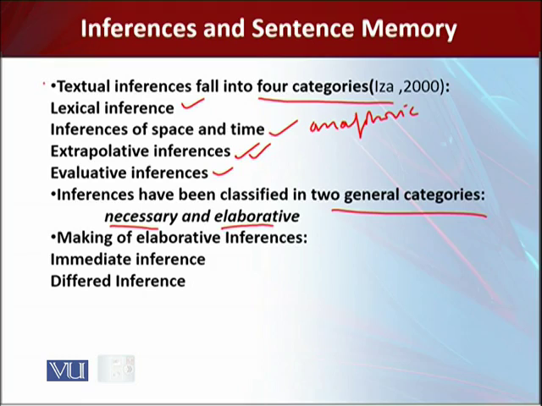When we look at how these 2 contribute, according to Haviland, with regard to necessary inferences, readers perform necessary inferences such as those which are needed to maintain referential coherence.